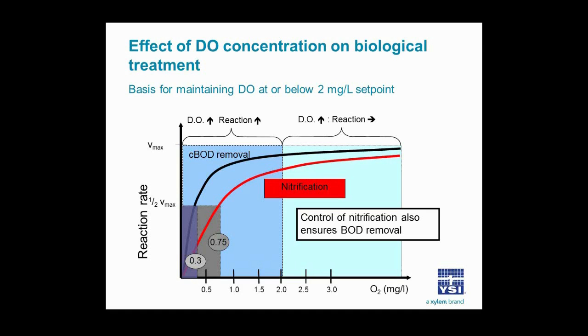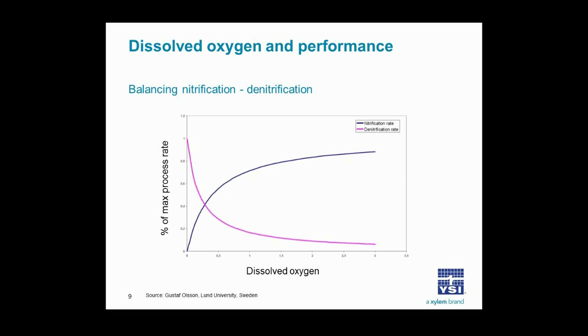Diving in a little bit more with dissolved oxygen and performance relating to nitrification and denitrification, this chart shows, again, the max process rate on the vertical axis and the dissolved oxygen concentration on the horizontal axis. The blue line is the nitrification rate. Again, it should look pretty familiar.